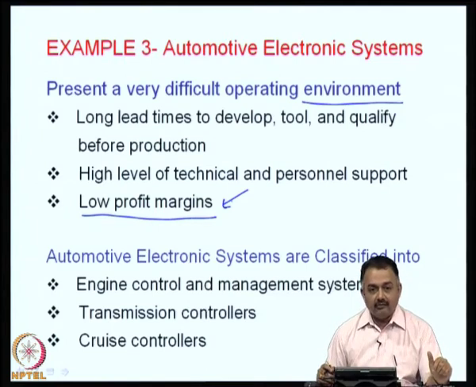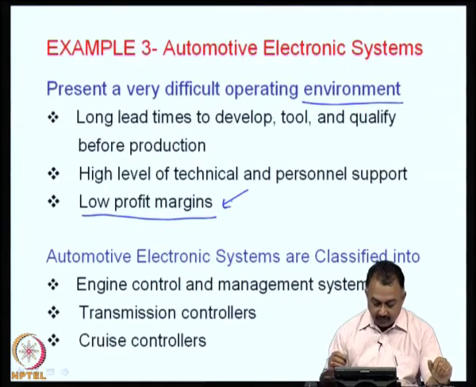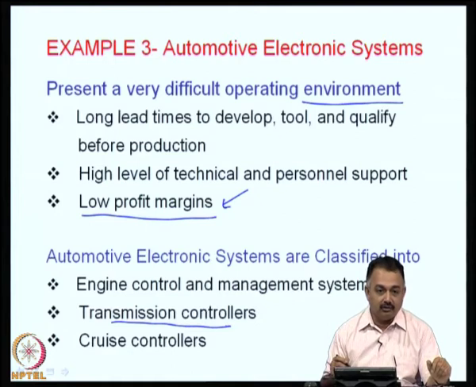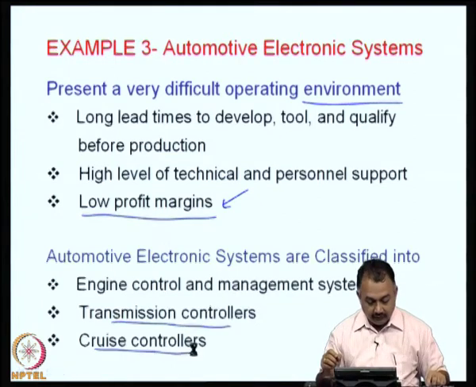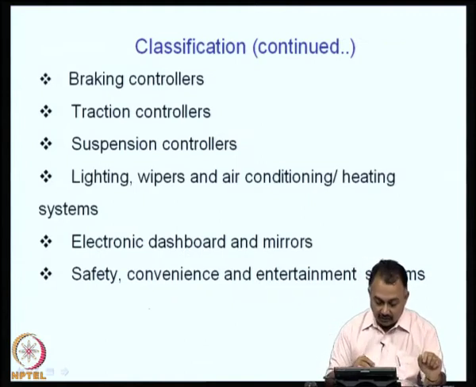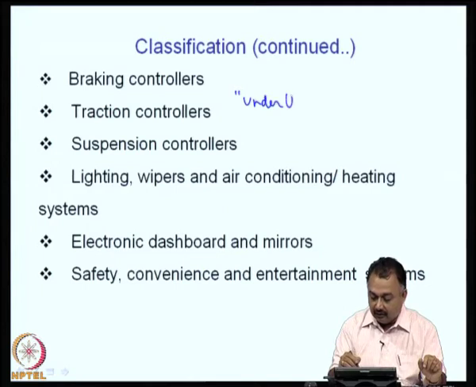Automotive electronic systems can be classified into engine control and management systems. We have seen these points earlier, but I will put them back again. Transmission controllers, where a lot of circuit design has to go, and cruise controllers, are all placed under the hood. Please remember this term, under the hood.